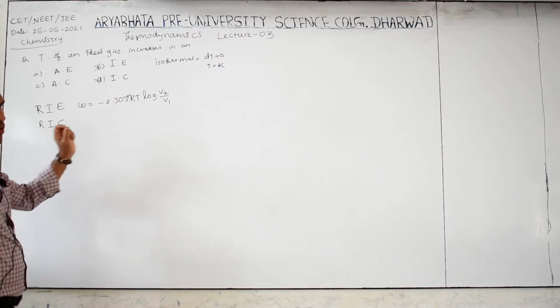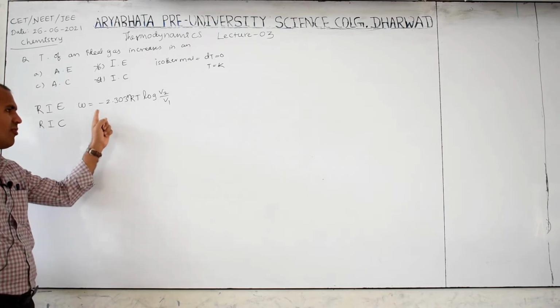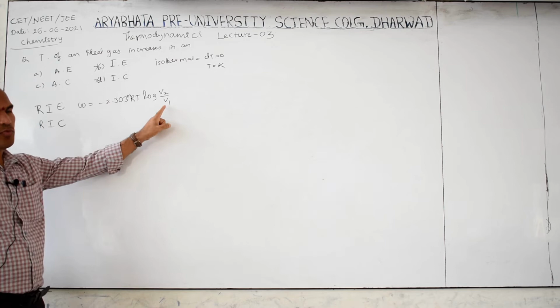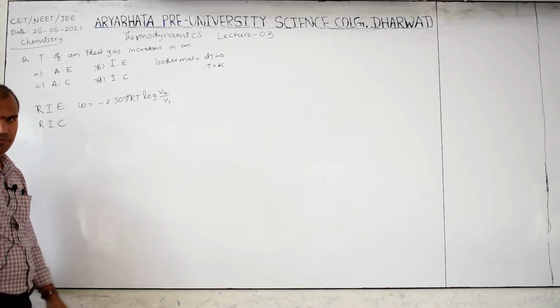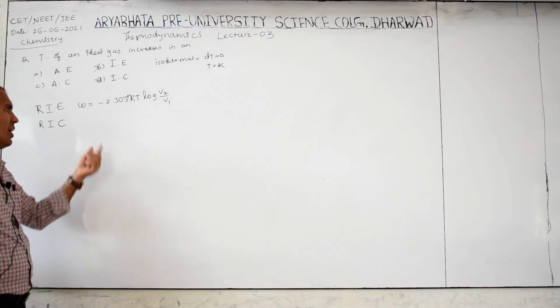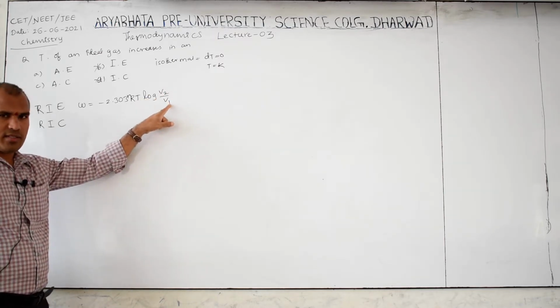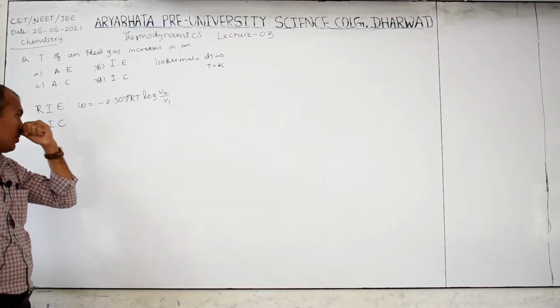For both the formula is the same, but the sign will come different. Because in expansion V1 is smaller, V2 is larger, therefore you will get negative. But in compression V1 is greater, V2 is smaller, then you will get negative into negative, positive.